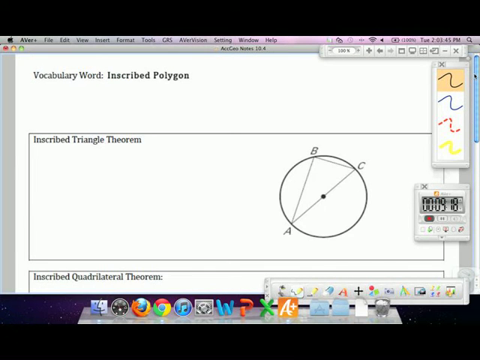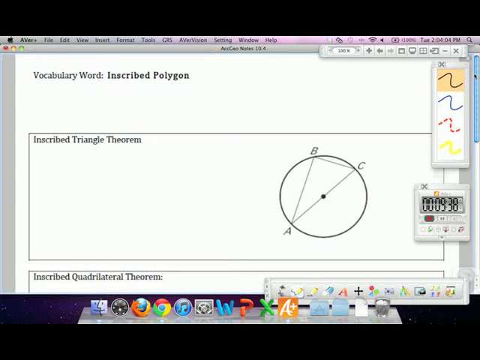We're going to shift gears slightly, and we're going to talk about things called an inscribed polygon. If something is inscribed, for example, our inscribed angle had its vertex on the edge of a circle.